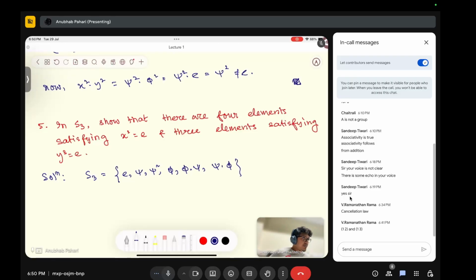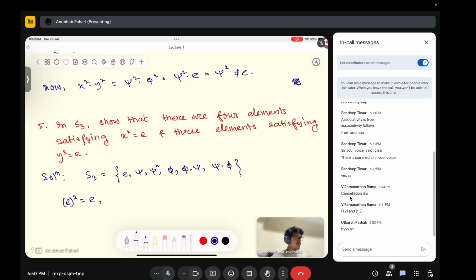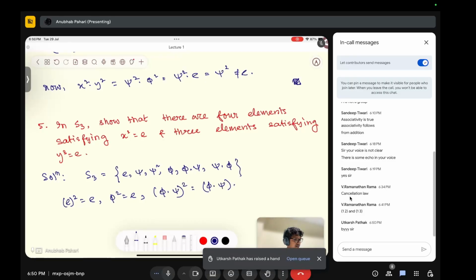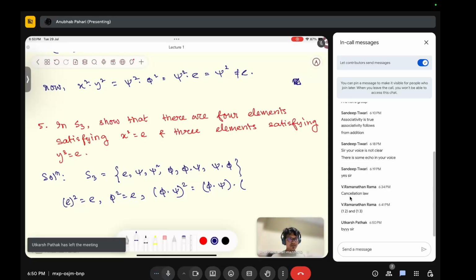Now for x, for the elements whose square is identity, one thing is there is E square equals to E. Now phi square equals to E. If you take phi dot psi, it should be phi psi dot phi dot psi.